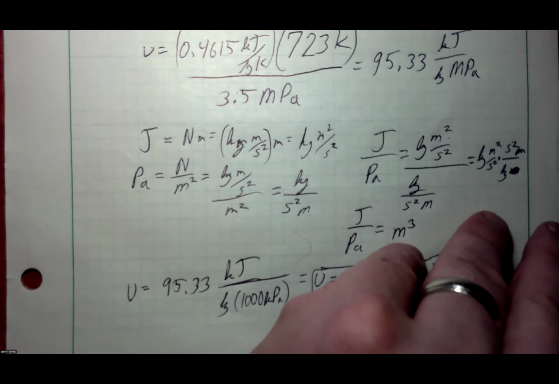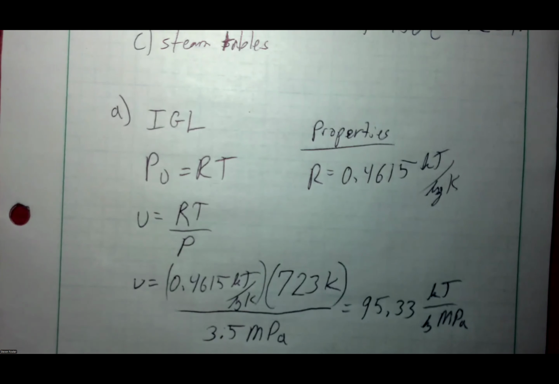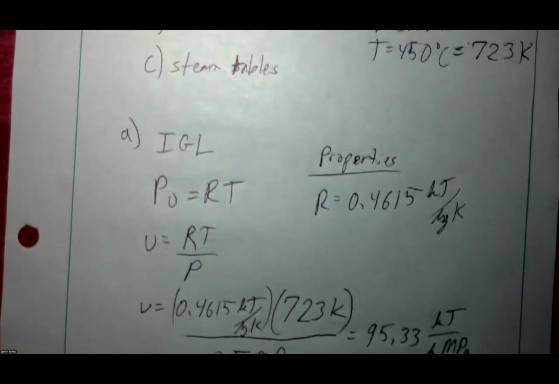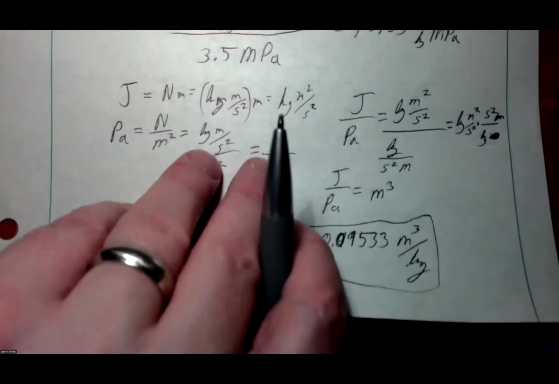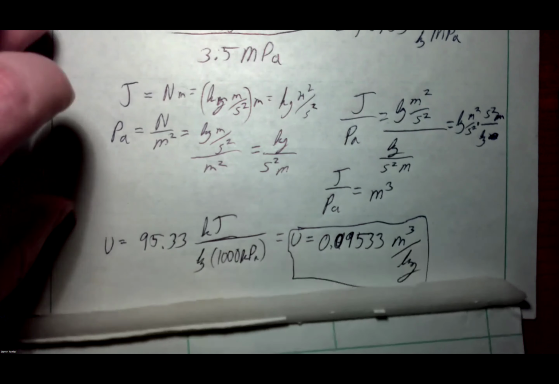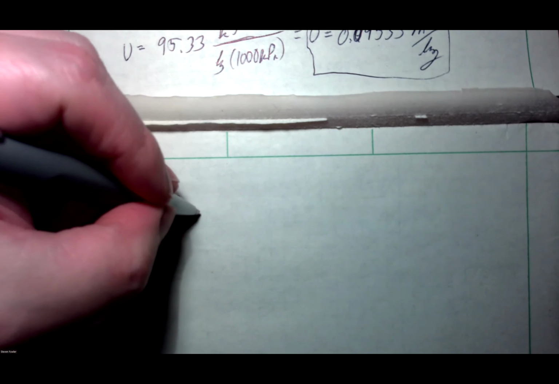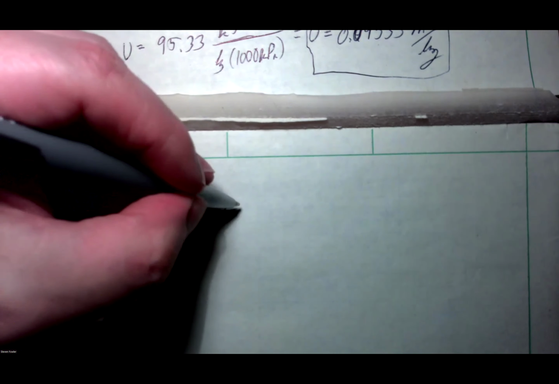Okay. Now, part B says do it again, but use the generalized compressibility factor. It won't say the Z value. So if I use the generalized compressibility factor, that means P little v is equal to ZRT.